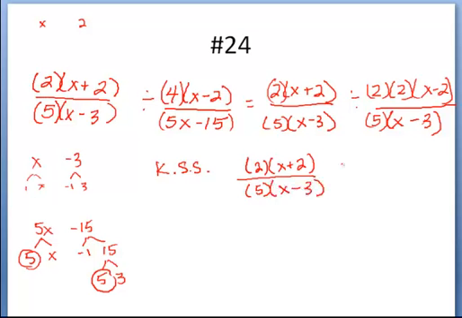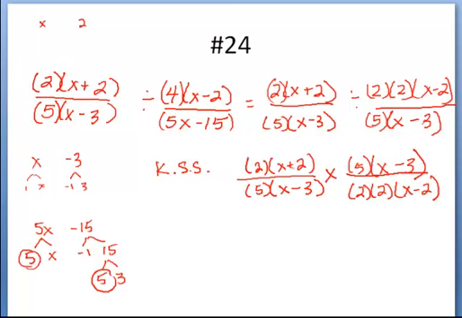I am going to switch this into multiplication and then also switch this into its reciprocal. And remember, what happens for reciprocal is everything on top would go to the bottom, everything on bottom would go to the top. So what we have is our bottom is now our top, and our top is now our bottom.